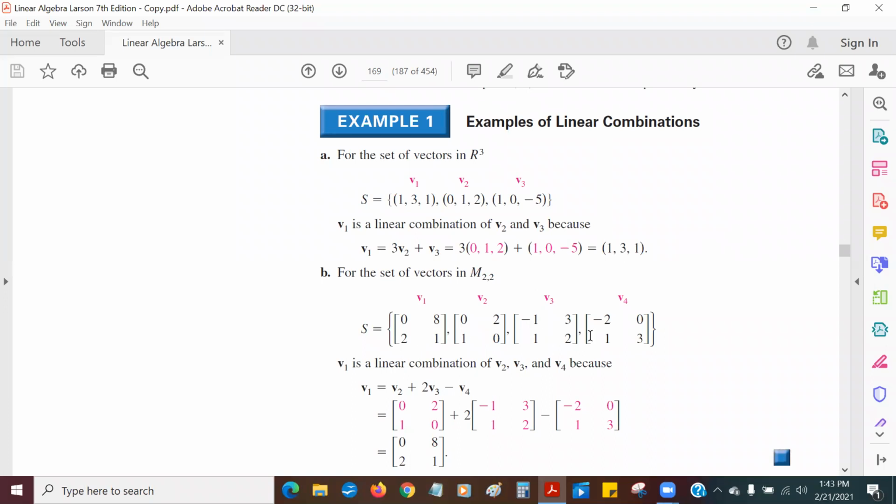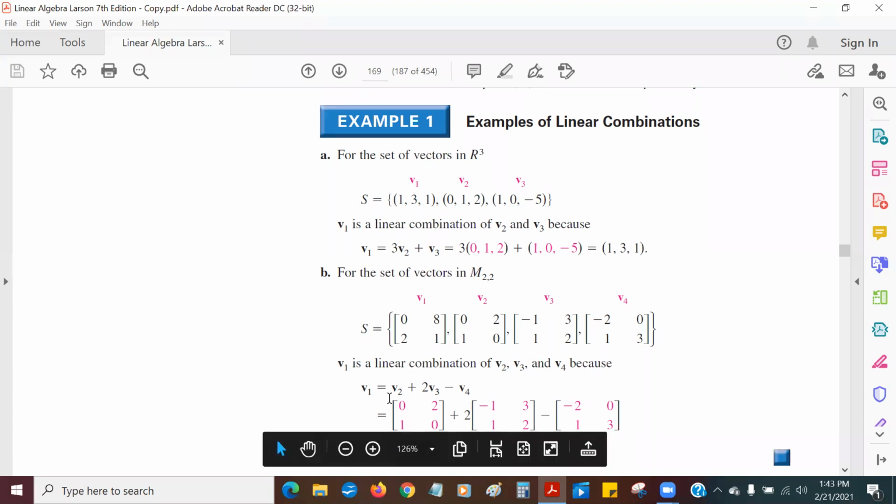Now here we have 4 matrices, a part of M22, and we're considering them as vectors now. V1, which is matrix 1 that we're calling a vector now, can also be expressed as a linear combination of V2, V3, and V4.